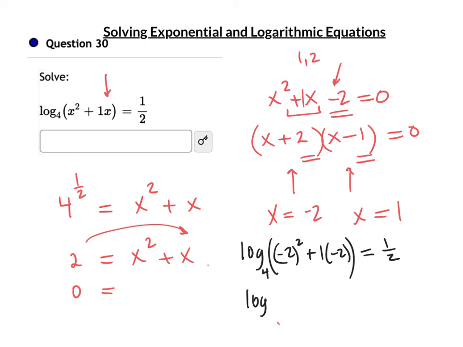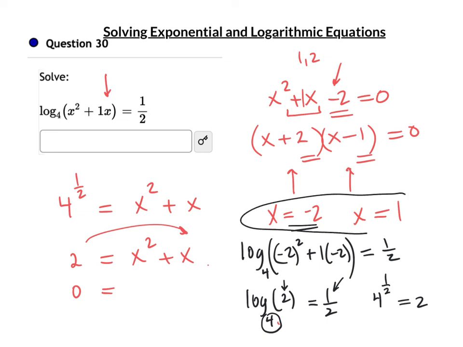And 4 plus negative 2 is 2. And this is base 4 equals 1/2. And notice that if you take a base of 4 and the exponent is 1/2, 4 to the 1/2, that's a square root of 4, and yeah, that's 2. It works. Watch out for the negative answers. Be sure that you plug them in and check, and that they actually work. Our answers here then are negative 2 and 1.